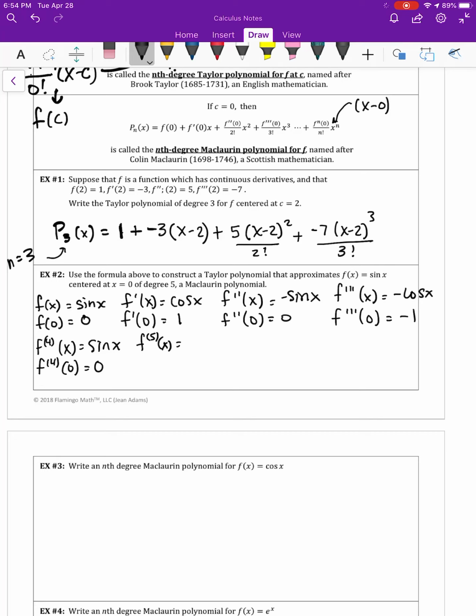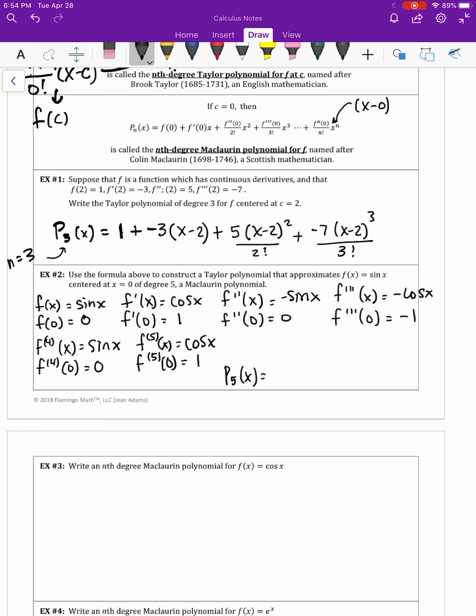The fifth derivative of our function and our fifth derivative at 0, because they want a degree 5. So now we're going to use that to create our Taylor polynomial.